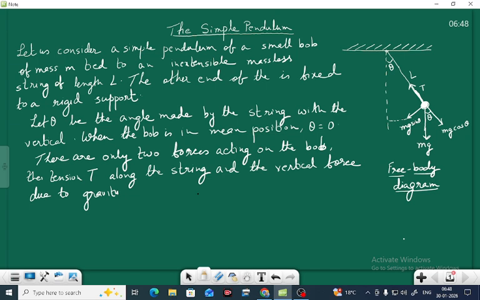So here you can see there are two forces, one is T and one is mg, and this mg can be resolved in two components, one is mg cos theta and another one is mg sin theta.